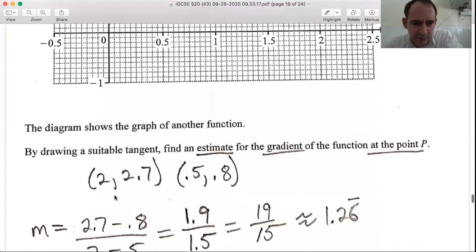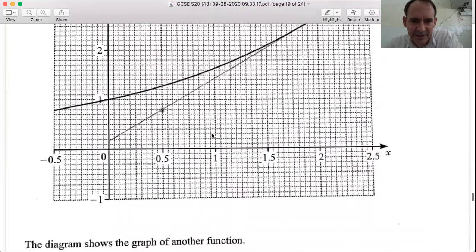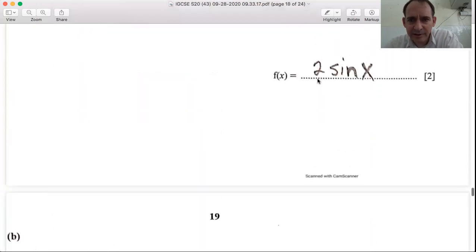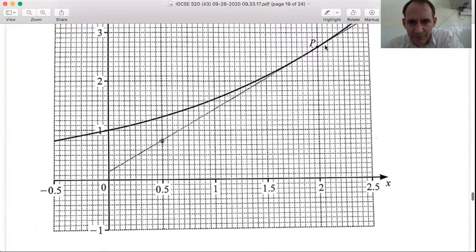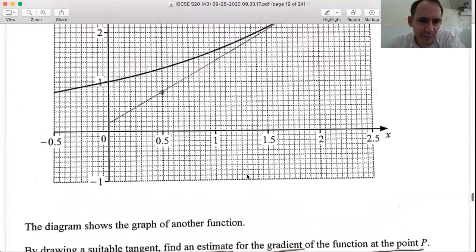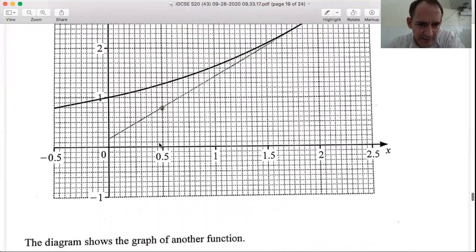So I found the coordinates 2, 2.7. That is this dot right here, 2 and 2.7 was the value for P. You can see right here, 2 and 2.7. And then 0.5 and 0.8 are this point right here, 0.5 and 0.8.